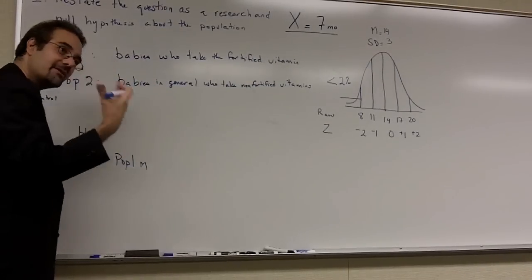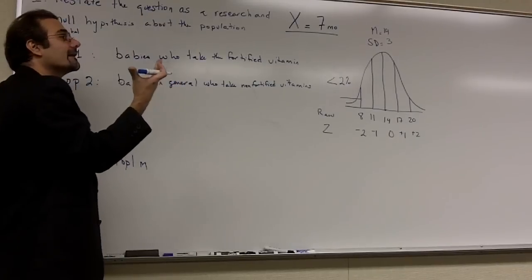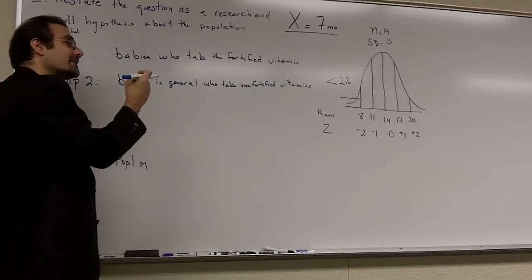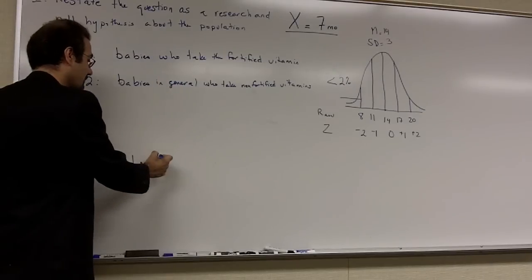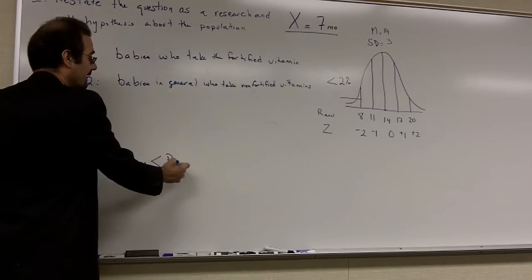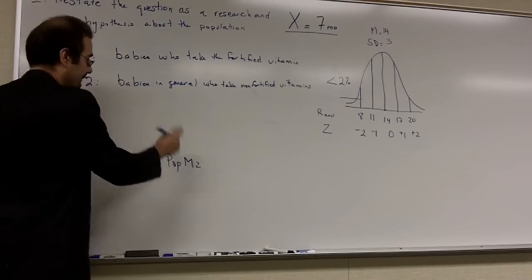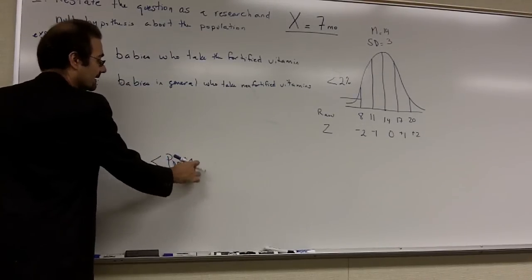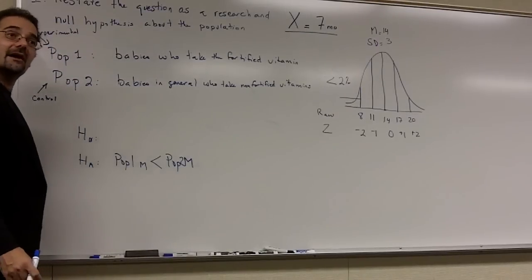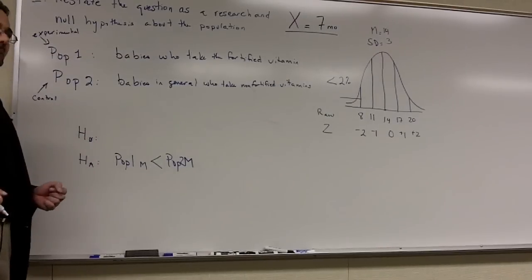So you have to think about these. You have to sort of conceptualize it and think, oh, what's walking earlier? Oh, yeah, they'll have a smaller number representing the age at which they walked. So their mean would be smaller than babies who do not take POP2, who do not take the fortified vitamin. Everybody okay with that? Again, the process here is to think about what you're doing.